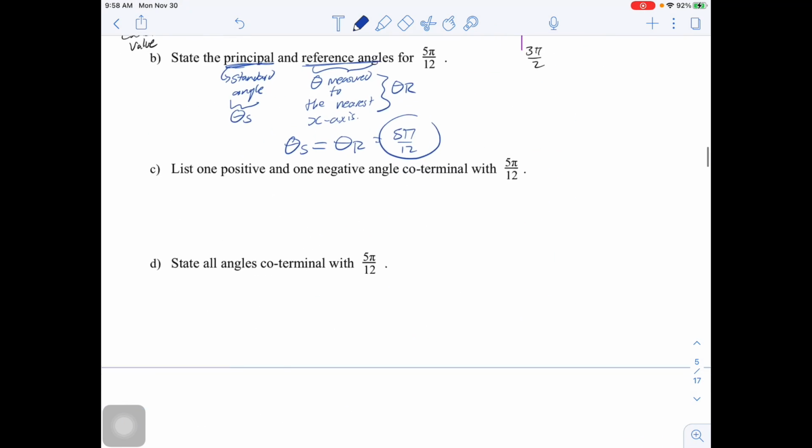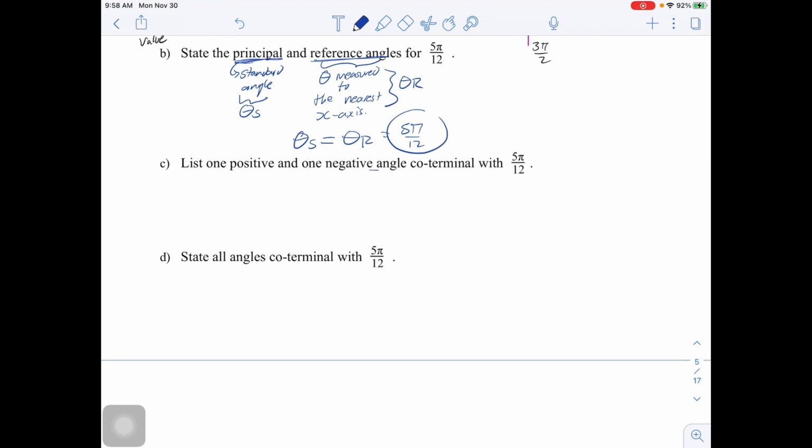So what does that mean for us? Well, that means in order to find coterminal angles, we just have to go one full rotation around, starting at 5 pi over 12. So what I'll do is I'll add 2 pi, and then we're going to have to do some simple math here. So adding fractions, remember this is technically over 1.